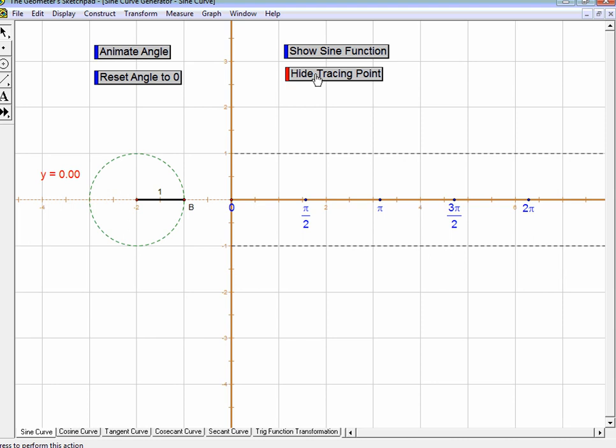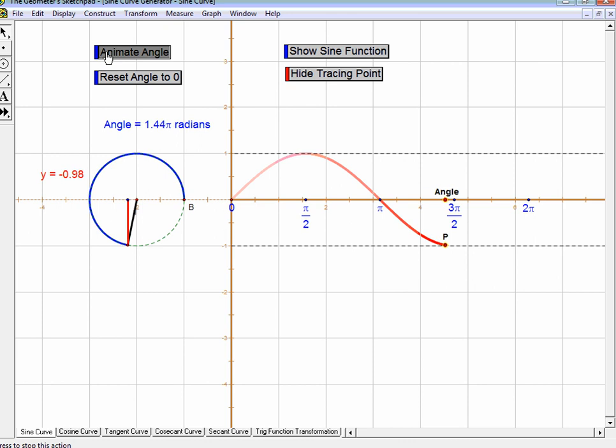Now I'm going to animate that. And you can see that angle as it gets to pi over 2, and there's that point, and the value of the point. And you notice the shape that it's making? It's like a wave in physics. A nice sine wave, it is. This really ties into a lot of physics stuff.